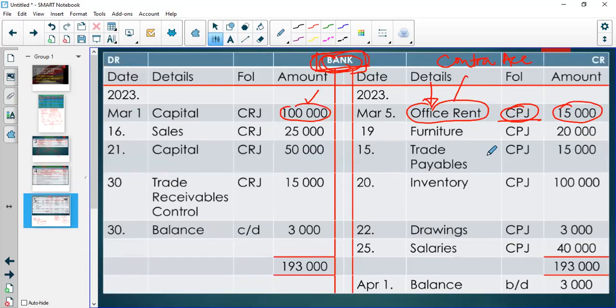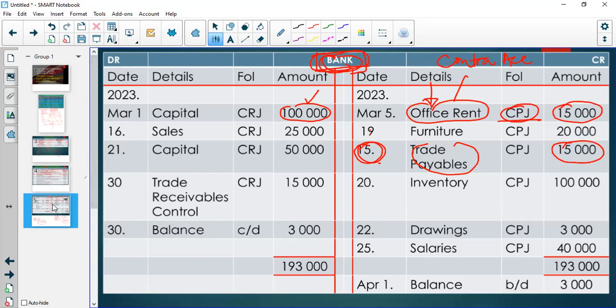So if I come here, where is that? Sorry, there is the 15th. My apologies, I confused the dates. So this is the 15th when we paid the trade payables. 15,000, that's good.